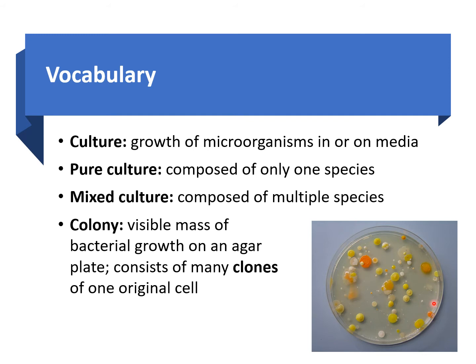Another difference you can spot on this plate is that the margins of the colonies could be different. One of them might have very smooth edges, like this one. Take a look at this one, for example, that white one right here. Notice how its edges are not very smooth.